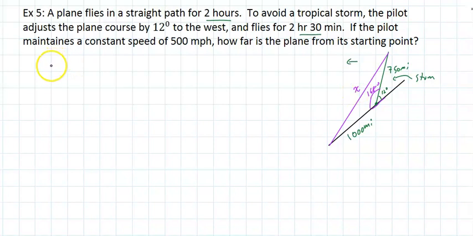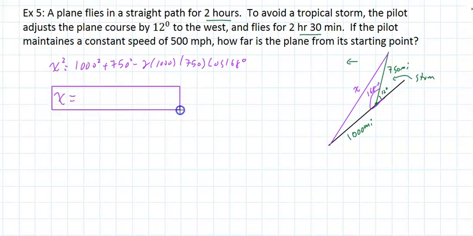what this is? Can't I simply say x squared equals 1,000 squared plus 750 squared minus 2 times 1,000 times 750 times the cosine of 168 degrees, and I could get x to be, if I plug this in my calculator and take the square root of both sides, that's how far it will actually be.